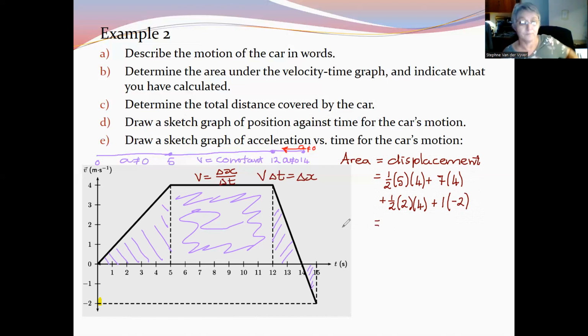Because we're working with vector quantities, we need to include the direction. We need to accommodate the direction.